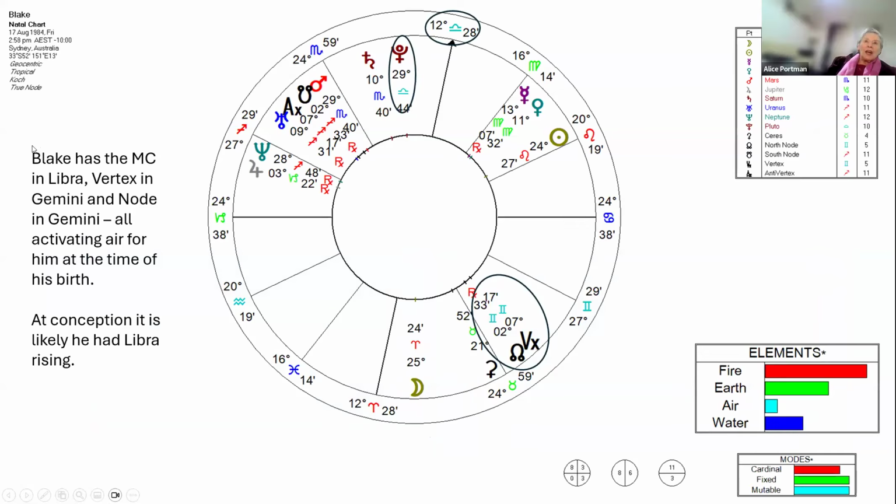So here's his natal chart. We do find angles activating air for him. That's true. He's got a midheaven in Libra, and he's got a node vertex in Gemini. So again, everybody around that time hasn't got a planet activating air, but you're getting the angle for this specific person. He's activating his air through the midheaven degree, and through the vertex and node. That's right.